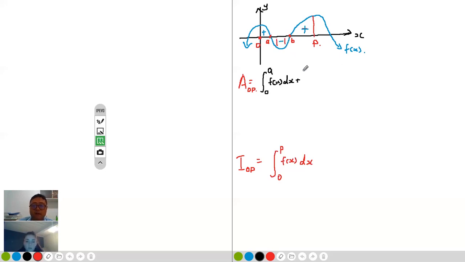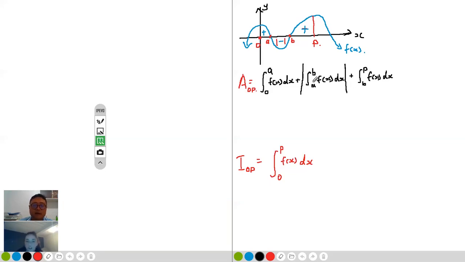So to find the area, we have to find the absolute value of that negative bit. And then this bit here is going to be positive, so it's going to be the integral from B to P of f of x dx. Does that make sense?